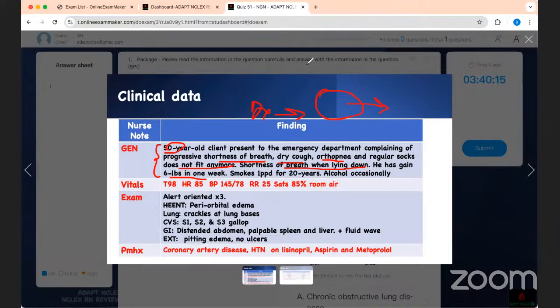The reason why we call it signs and symptoms, these are the individual symptoms. The signs are mostly from your physical exams. So the physical exams should give me some idea that this is what is going on.